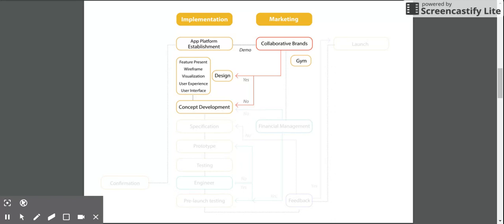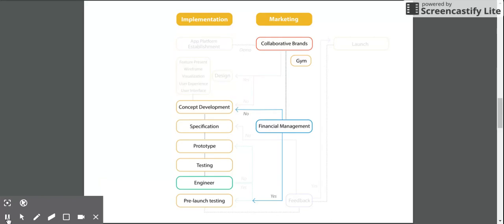If they're happy about it, then we're going to start the whole process of designing. If they're not satisfied, of course we're going to be more specific about this concept development.